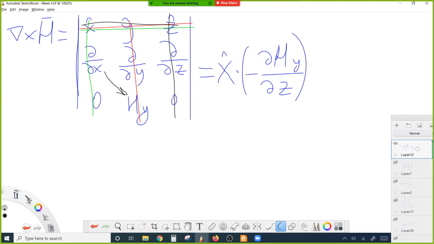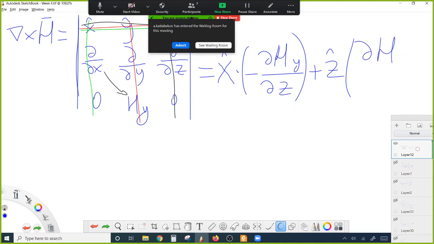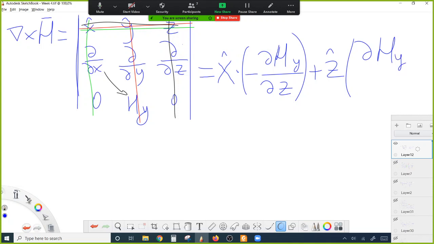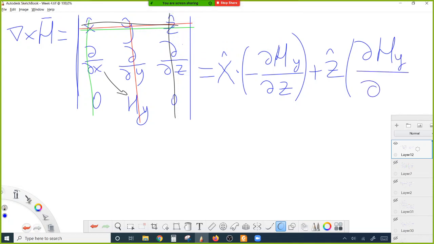What we have? d/dx multiplied by Hy, d/dy multiplied by 0. So we have plus z dHy over dx.